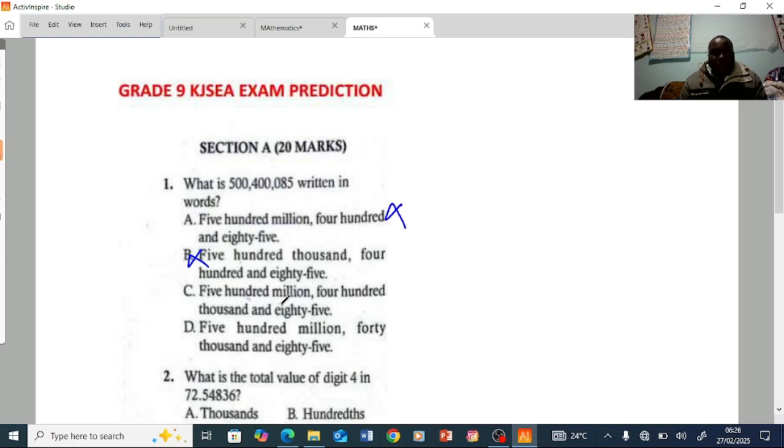It should be 400,000. 500,040,000, remove that. So the correct answer is this one: 500,400,085. And that is it.